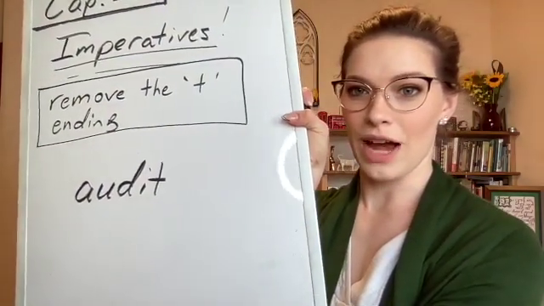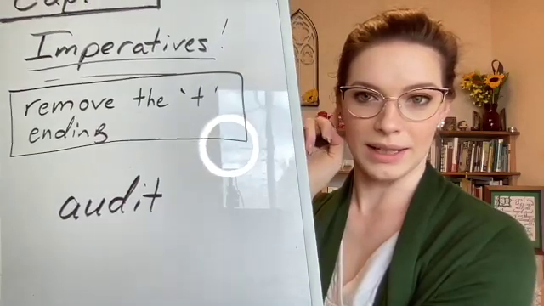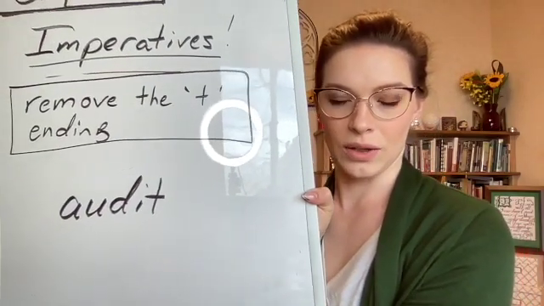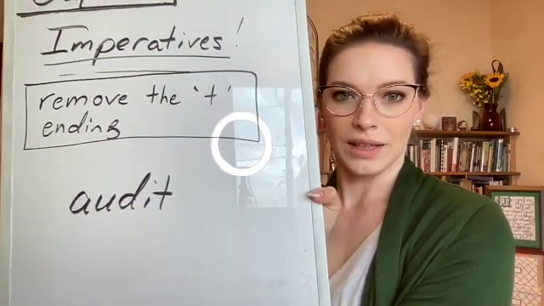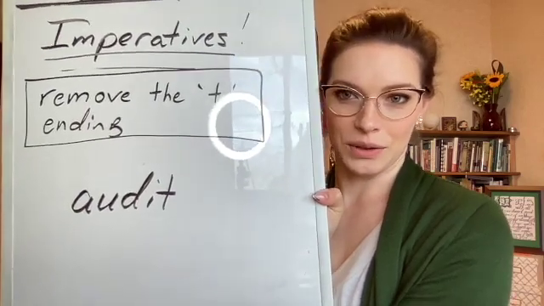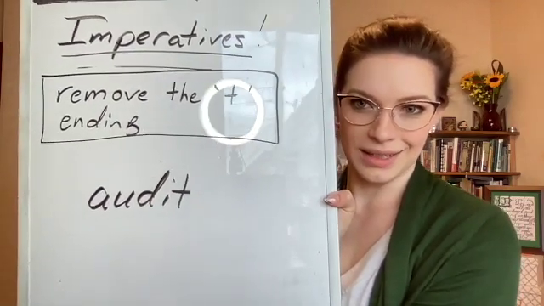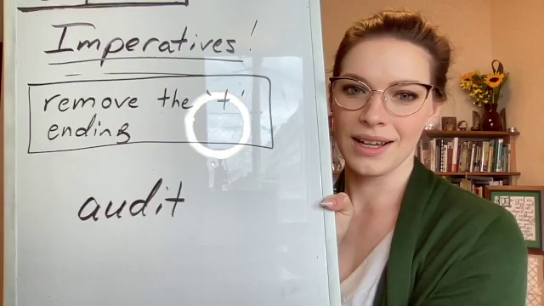Okay, next one. I want the imperative of audit. Audit means he listens or she listens or hears. I want the imperative or the order or the root, there are 3 ways to say this, of audit.